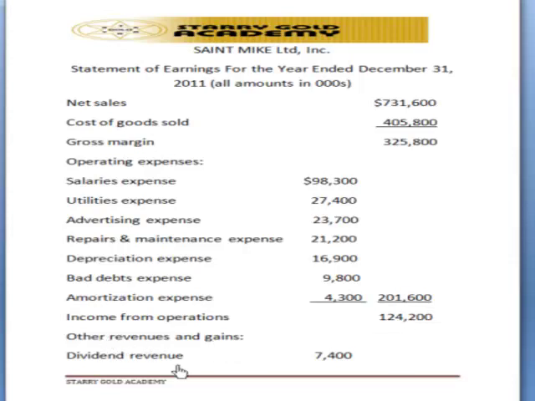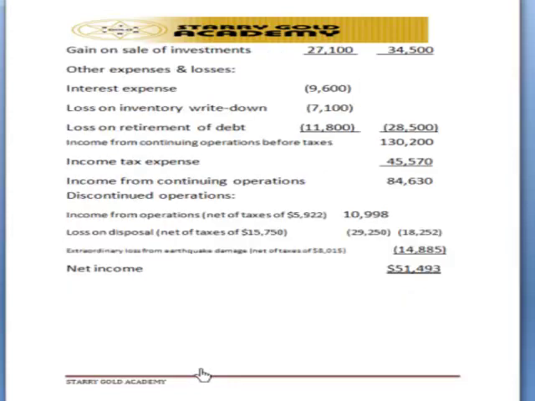So other revenue and gains, as you can see, dividend revenue, gains on sales of investments, other expense and losses. You can see interest expense, loss on inventory write down, loss on retirement of debt. So income from continuing operation before taxes is given, as you can see here.